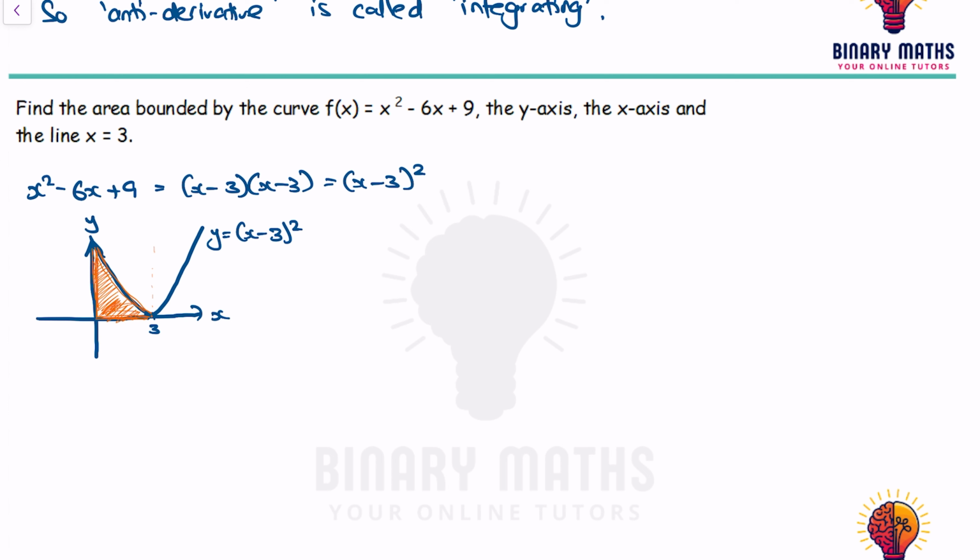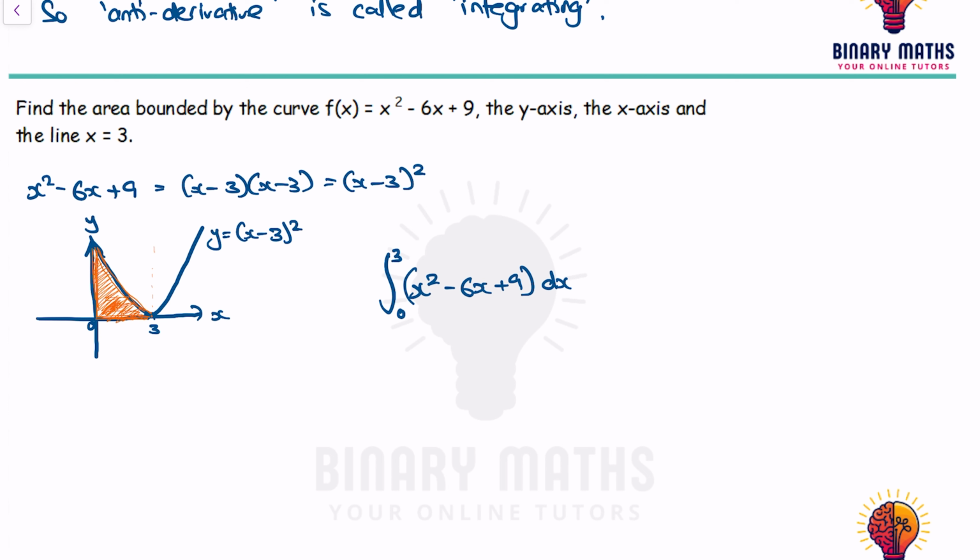So it's this part. This is the same thing as integrating between x equals 0 and x equals 3. So that is the same thing as integrating between 3 and 0, because 3 is the bigger number you put at the top as the upper limit, and 0 is the lower limit, of the function x squared minus 6x plus 9 dx.